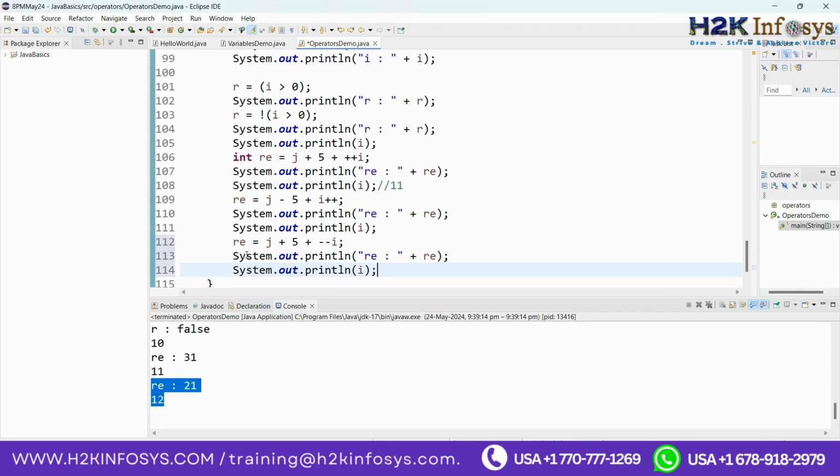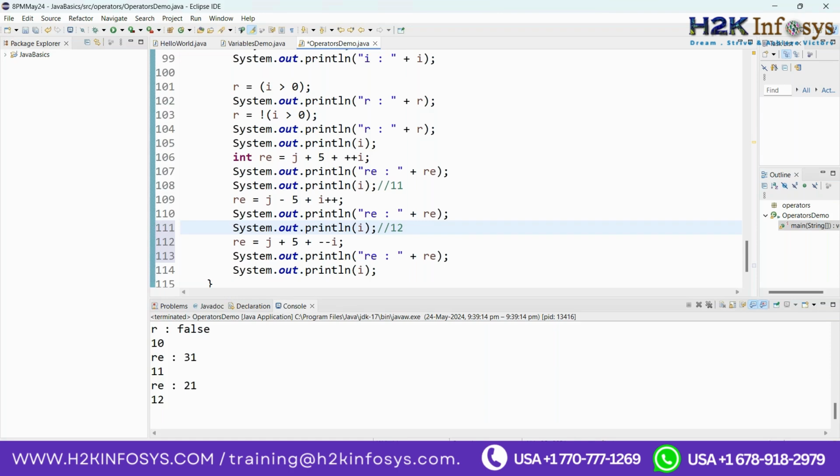What is the I value? J is 15. Remember that. J is 15 plus 5, 20. 20 plus the I value, the latest is 12, guys. See this, 31. Here it is 12. Don't confuse.